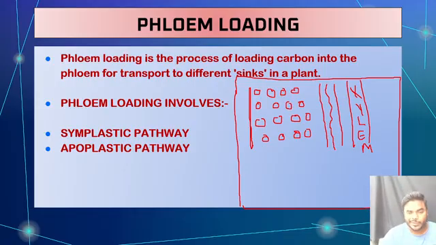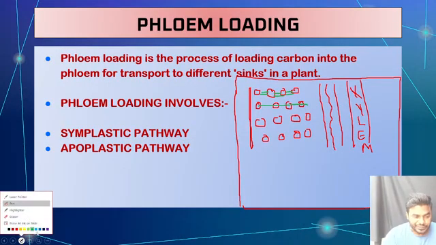Kindly don't forget it. So now look at this. One cell can be connected to another cell via plasmodesmata. So the movement is directly through the cell, inside the cell. This is plasmodesmata and this is the symplastic pathway.